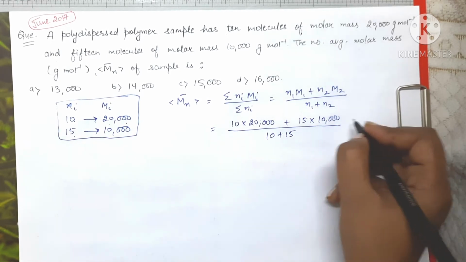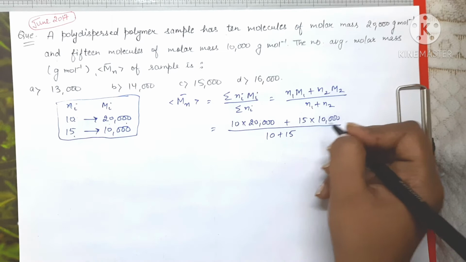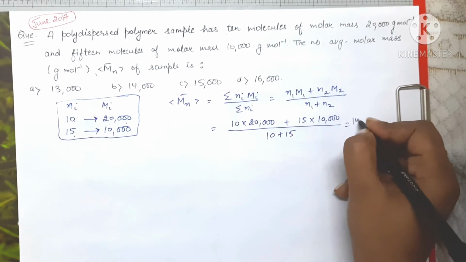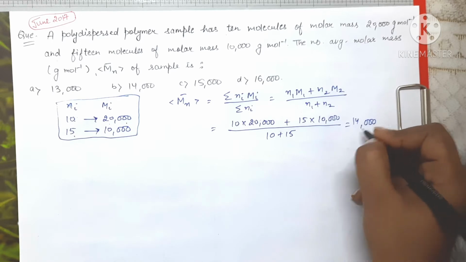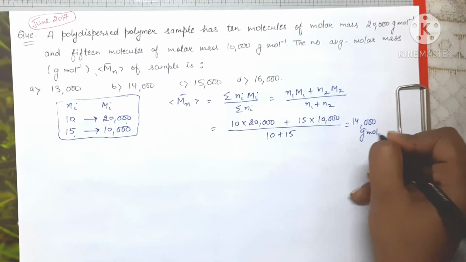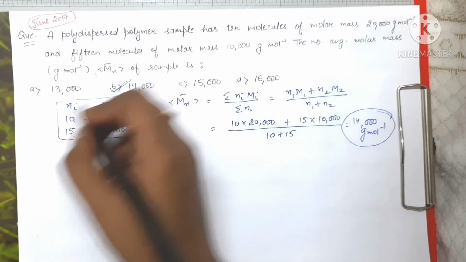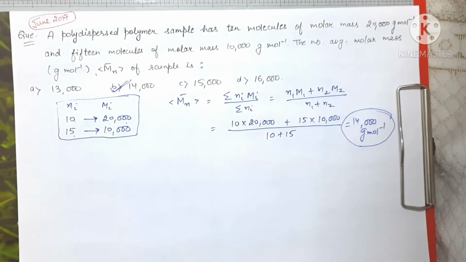If you solve this, you are simply going to get 14,000 grams per mole. So this is going to be the answer, which is 14,000 grams per mole. So this is the first question. Now we'll move on to the second question.